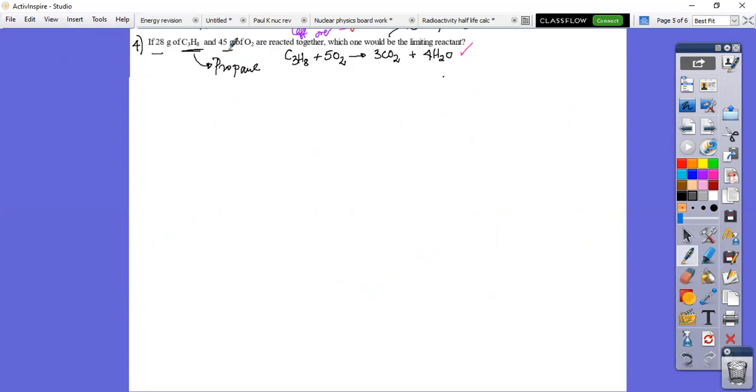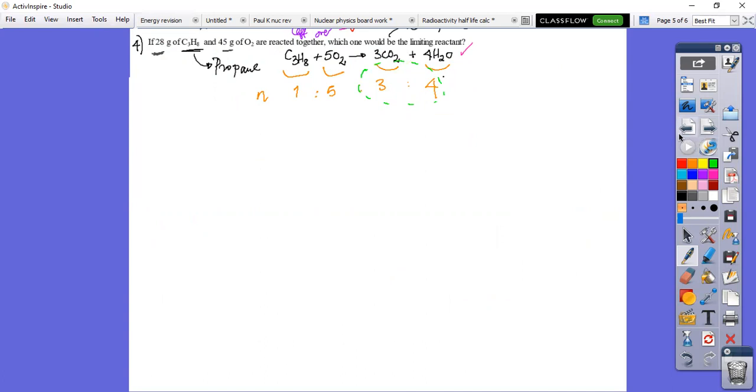So if we don't want to work in moles, we can work in grams, but we're going to have to take the total mass of each of these things, including the numbers at the front, because we're not working in moles now. If it was just a ratio of moles, it'd be 1 to 5 to 3 to 4. And we generally wouldn't be involved with the products.